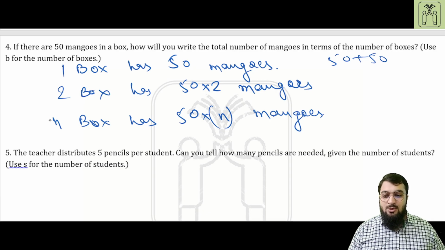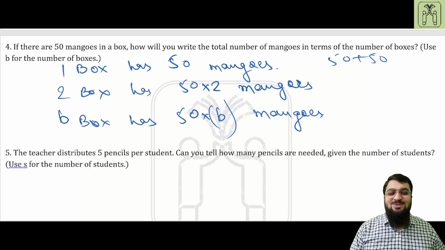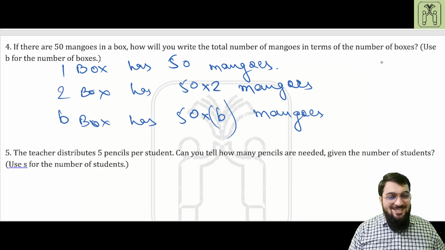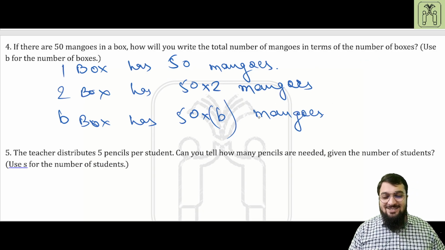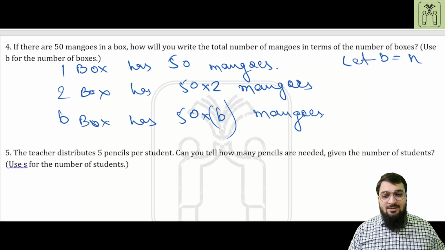Okay, number of boxes B, we will write B over here. Okay, sir, there is another loophole: if you want to use B for boxes and I want to use N for boxes, what is that? Before writing this answer, we will say let B is equal to N, and then we will write N boxes is equal to 50N.